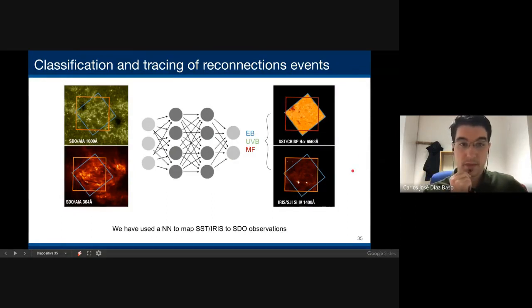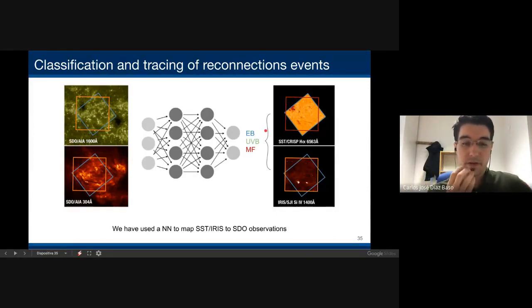These phenomena have been studied for many years, and we can classify them knowing the special features that they will produce in a certain spectral line. For example, Ellerman bombs, UV bursts, microflares.